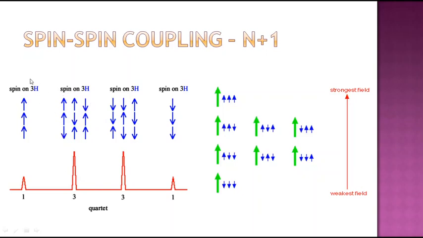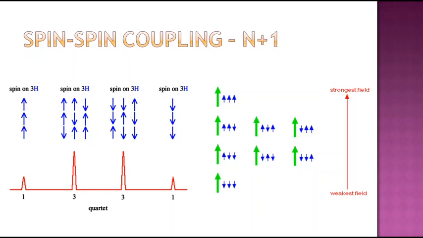For example, consider 3 neighboring hydrogens. Think there is one proton that gives a signal, and adjacent to that one proton there are 3 other protons. So when this proton relaxes its energy, it can give its energy to the 3 other protons.